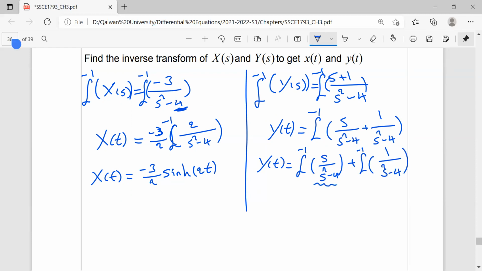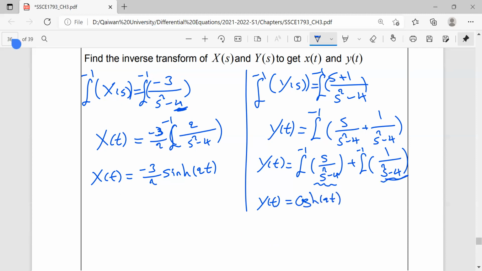Now, this is cosine hyperbolic, not inverse. It's cosine hyperbolic of at. Its Laplace is s over s squared minus a squared. So this is the cosine hyperbolic of 2t. y of t equals cosine hyperbolic of 2t.